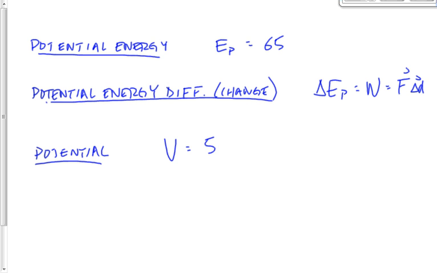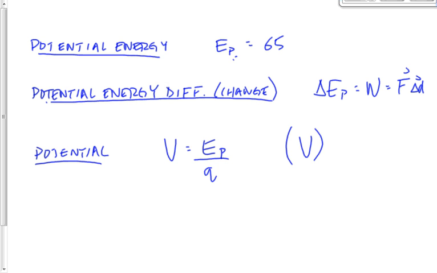So the equation for electric potential, the energy per charge, is going to be E, okay, what we have up here, the 65, over Q, the amount of charge you have, the number of people that you have in the room here. 65 over 13 gave me a potential of 5. Each person had $5. The units for potential were also V. Kind of weird. The symbol is V, but the units are also V. Potential, and then the units are volts.